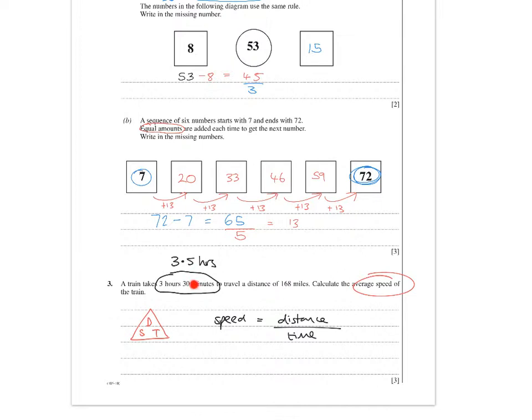If they don't do 30 minutes, they'll do 15 minutes, which is quarter of an hour, so 0.25, or 45 minutes, so 0.75. So my answer is going to be 168 miles. So 168 divided by that 3.5, and that's going into my calculator, which gives me an answer of 48, so that would be miles per hour.